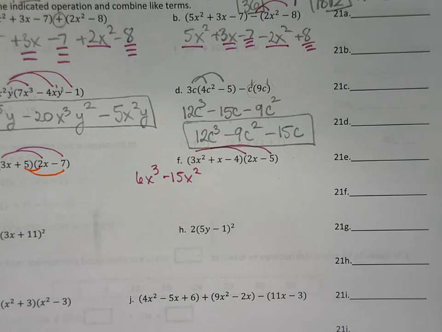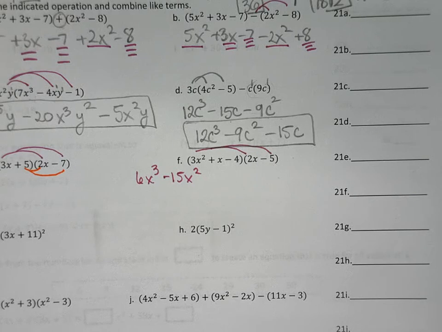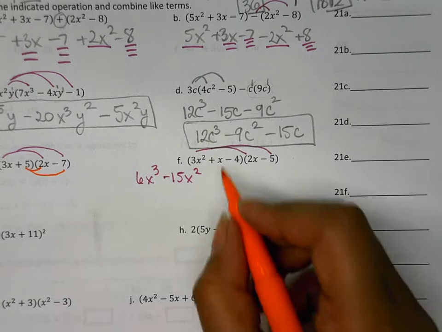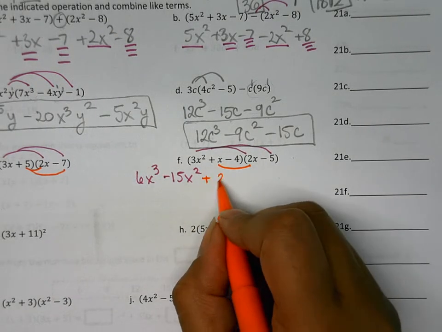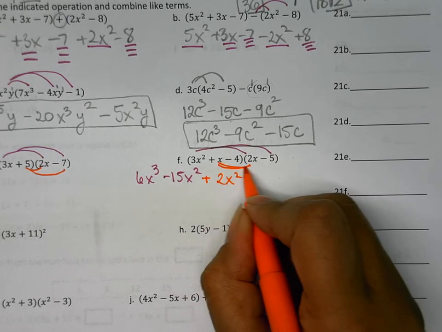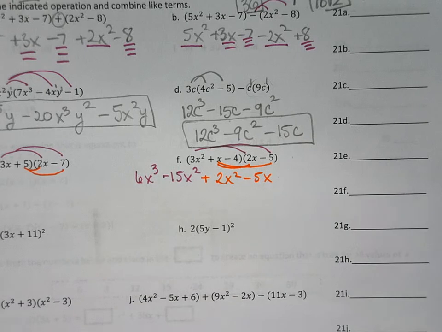Okay, next one. What's the next term that I'm going to distribute? What's the next piece? Put your phones away, guys. What's the next thing I'm going to distribute? The x. What's x times 2x? Plus 2x squared, and x times negative 5? Negative 5x. Am I done?